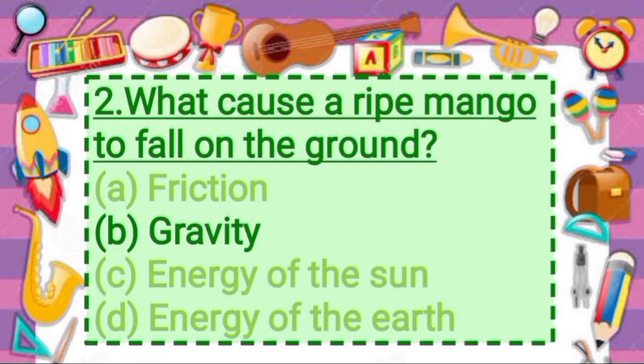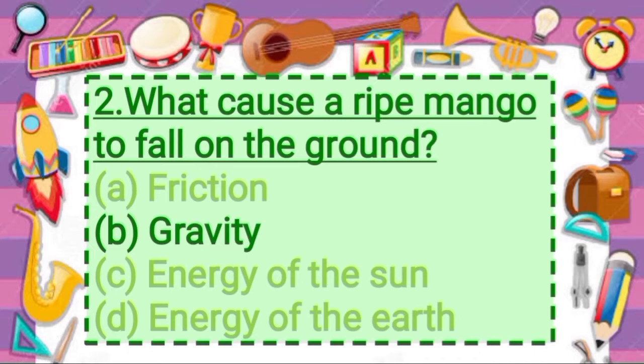First option, friction. Option B, gravity. Option C, energy of the sun.